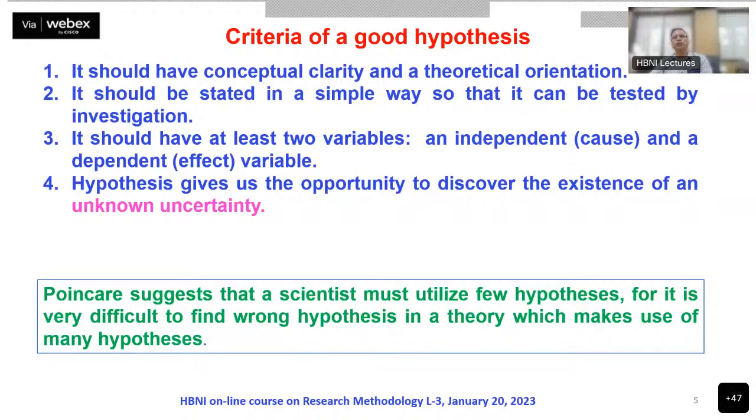When you say a hypothesis may have two outcomes, which can go this way or that way, there could be an unknown uncertainty, which means you have not envisaged it, you have not factored that into your experiment. That is why in scientific research, you cannot be 100% sure that you will succeed in your experiments, because there could be some parameters which you have not factored. That is what is called the unknown uncertainty.